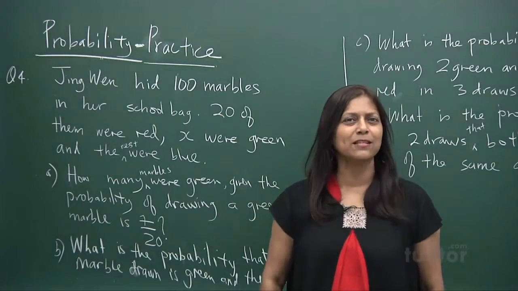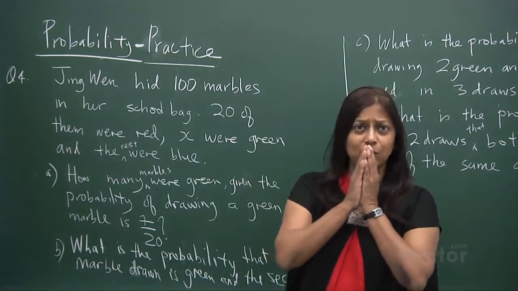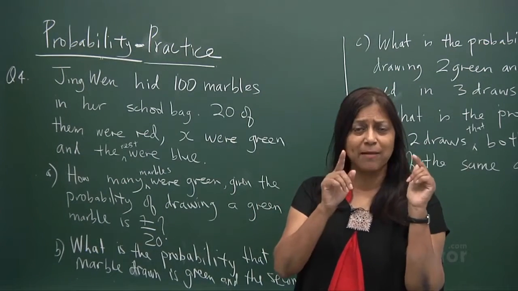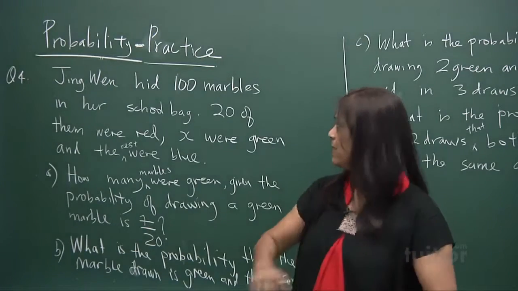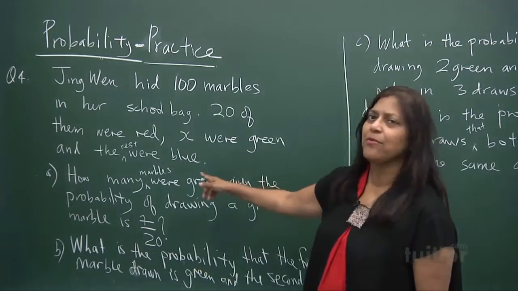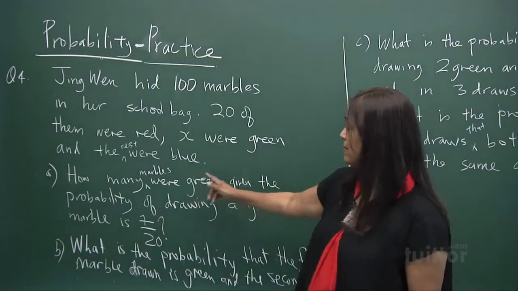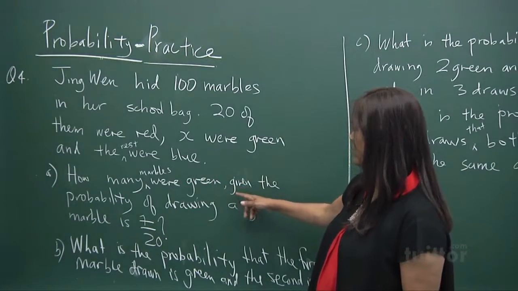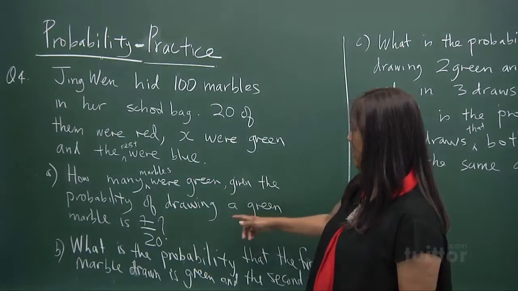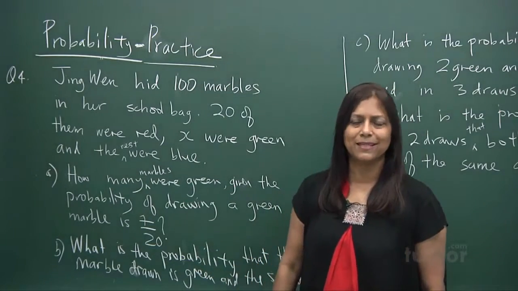Now, in this question, this little sweet girl, Jing-Wen, she hid 100 marbles in a school bag. I think during recess time, she maybe wants to have a marble game. Now, what did she do? 20 of them were red, X were green, and the rest were blue. So she had red, green, and blue marbles. How many marbles were green, given the probability of drawing a green marble is 7 out of 20?